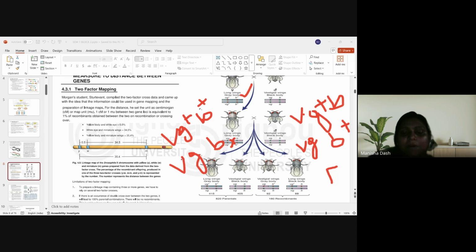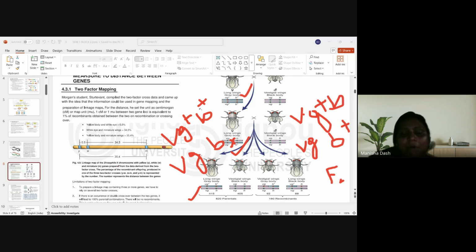So what will be the combinations? It will be vg plus b plus from this parent and vg b from this parent, or vg b from this parent and vg b from this. Or you will have vg b plus from this parent, vg b from this, then vg plus b from this parent, vg b from this parent.